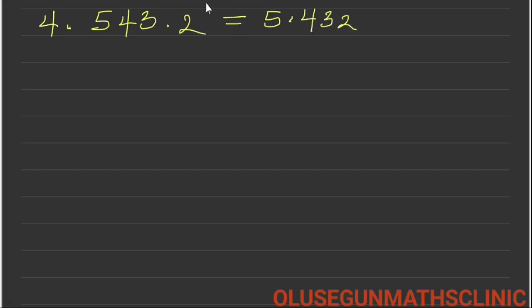So let's go to another example, which is 4 now. We have 543.2. From the beginning, you can rewrite this by putting the point after the 5. You have 5.432. We shift the point 2 places, which will be times 100.